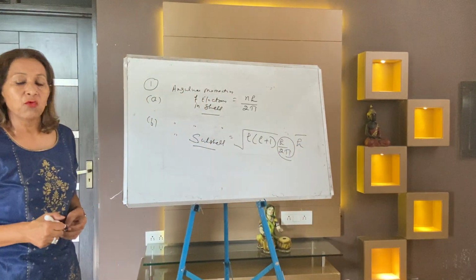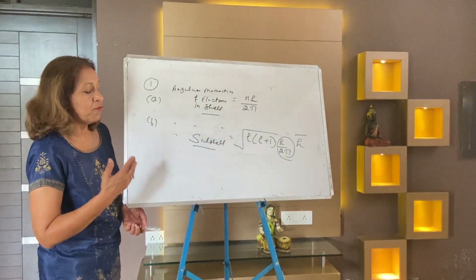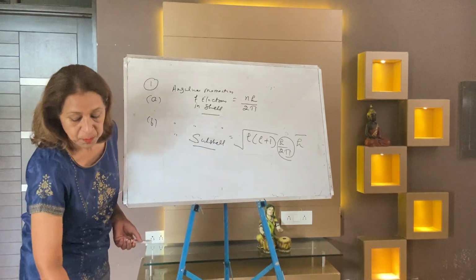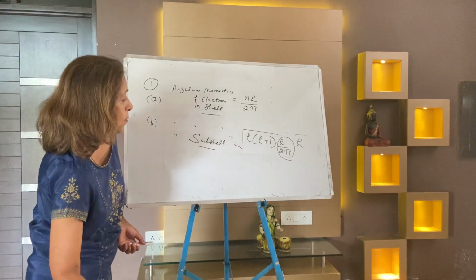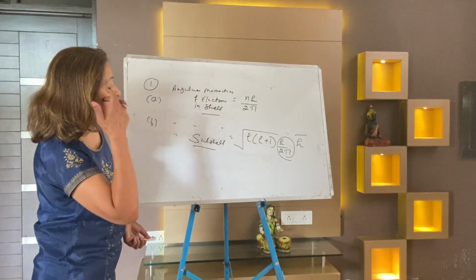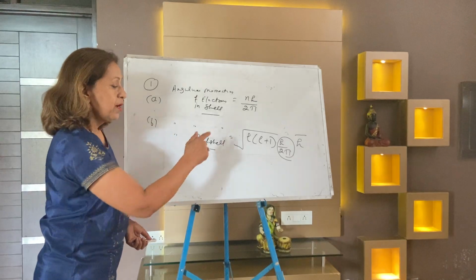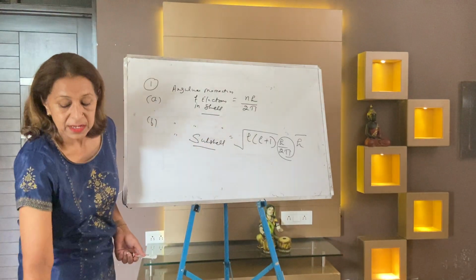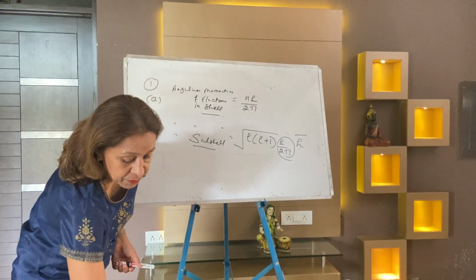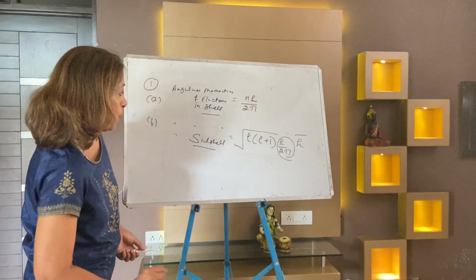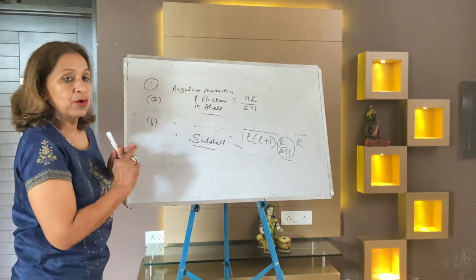If you want to find the angular momentum of an electron in a shell, apply nh by 2 pi, and in a subshell you apply under root l into (l plus 1) into h by 2 pi, that is h bar. This is your angular momentum calculation.